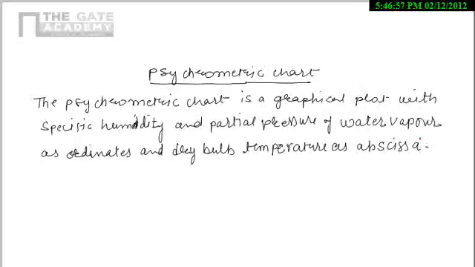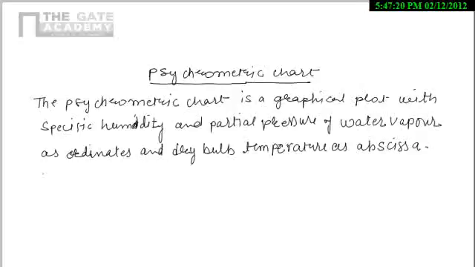Now in the chart, on the y-axis you will find specific humidity and partial pressure of water vapor, and on the x-axis you will find the dry bulb temperature. And in that chart the parameters are volume of the mixture, wet bulb temperature, relative humidity and enthalpy.